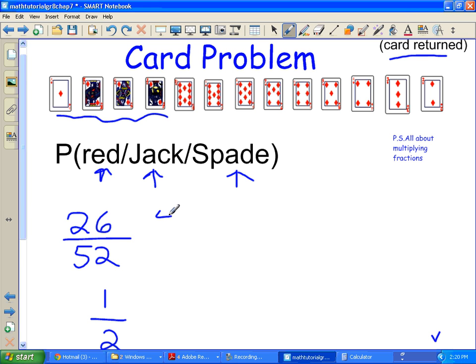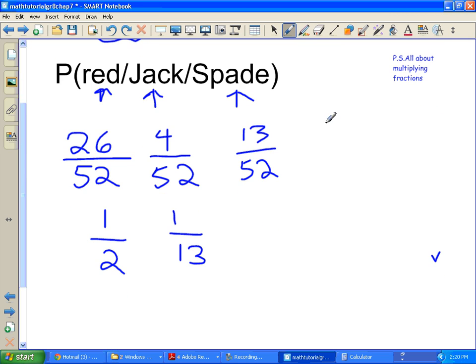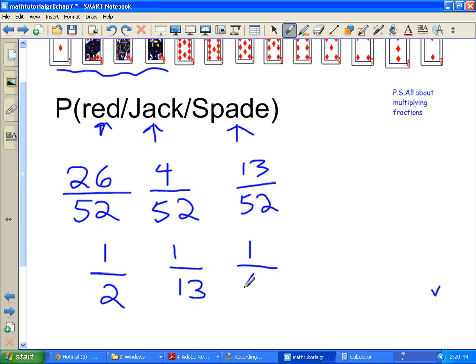Well, there are 4 jacks: jack of diamonds, clubs, spades, and hearts. That's 4 out of 52, or 1 out of every 13 if you divide. And finally, spades. We know that 13 out of 52 are spades, which works out to 1 out of every 4 if you divide the top and the bottom by 13.